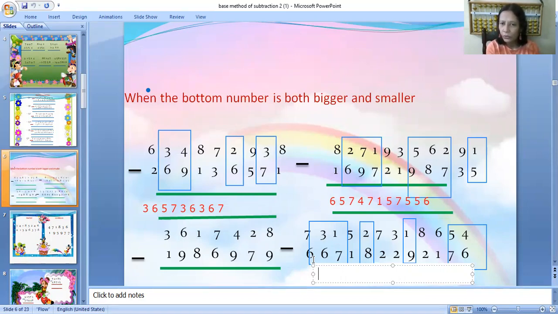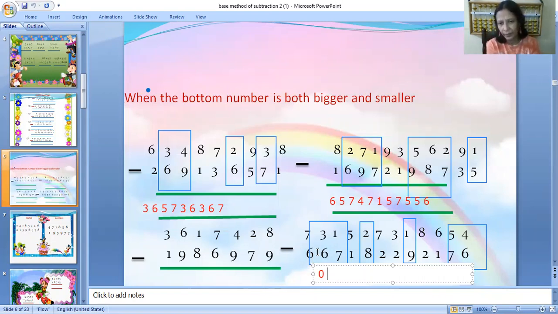What will you do in your mind now? In your mind, you think what comes before 1? 0 comes before 1 now. 1 minus 1 is 0. Okay. You will write 0 here. See, this 0 is very important. Right now you are learning, so you write this 0 also. This is very important.